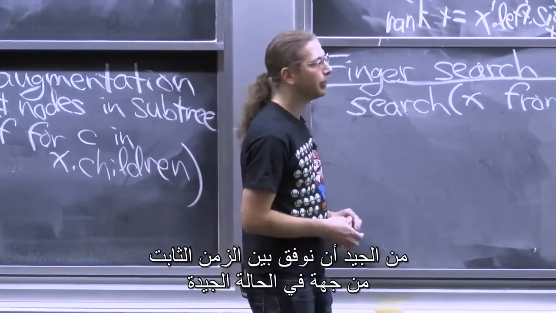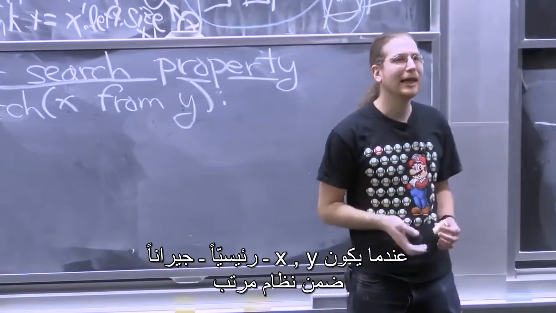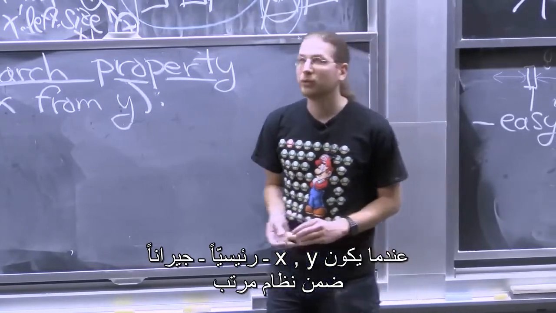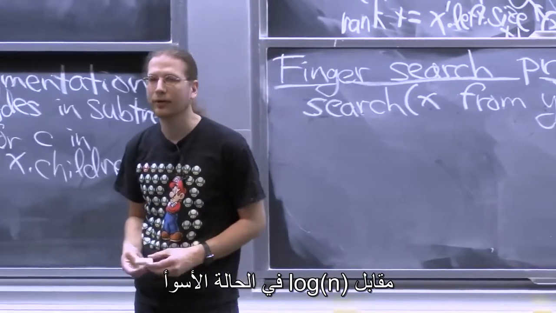What would be a good way to interpolate between constant time in the good case, when X and Y are basically neighbors in the sorted order, versus log n time in the worst case?